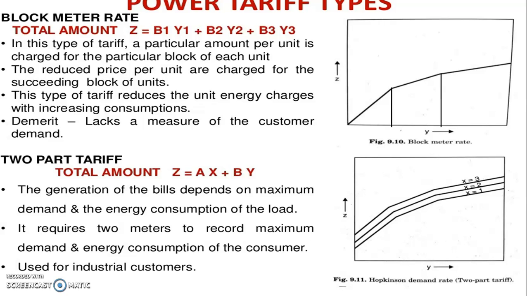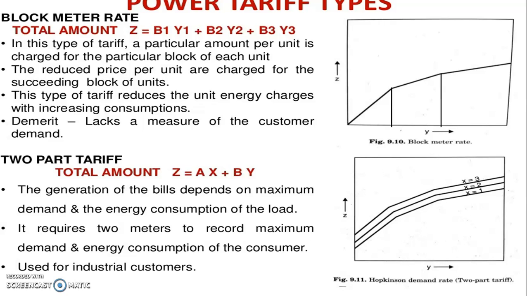What is the demerit in this tariff method? Means lack of measures of the customer demand. Then next tariff method is two-part tariff. Here the amount is calculated by using the formula Z is equal to AX plus BY.